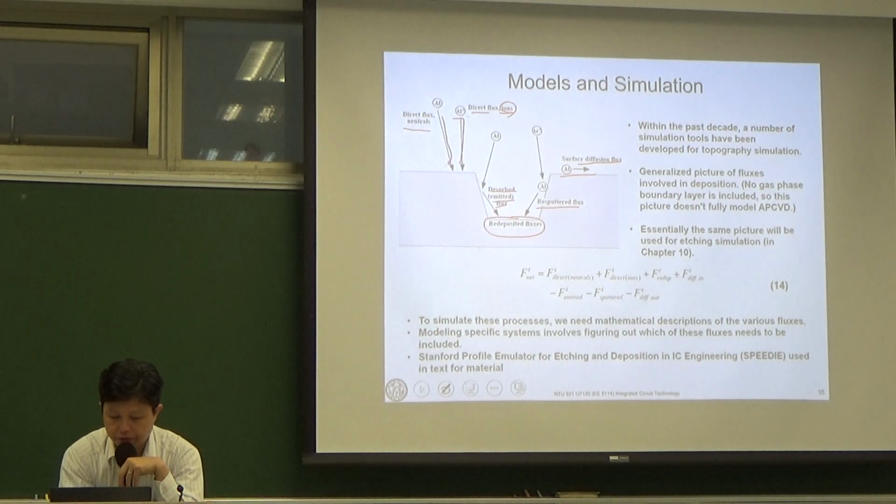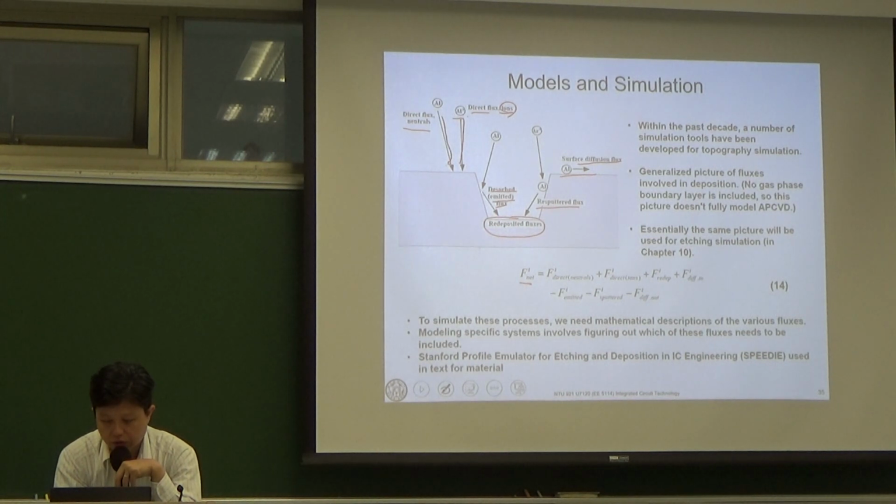So for net flux, we can just add all of this into one equation. We have some direct flux that includes neutrals and ions, and we have the radiated one, and also the diffused one. So those are the incoming flux, and the outward flux is minus emitted or sputtered or diffused out.